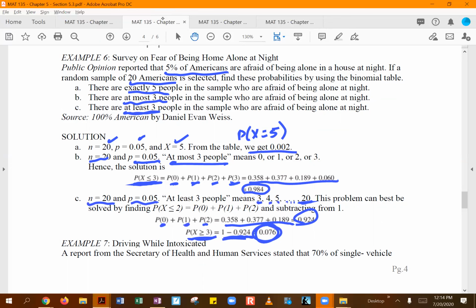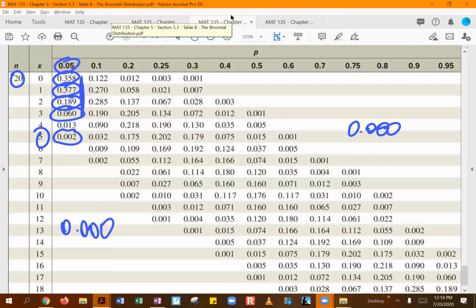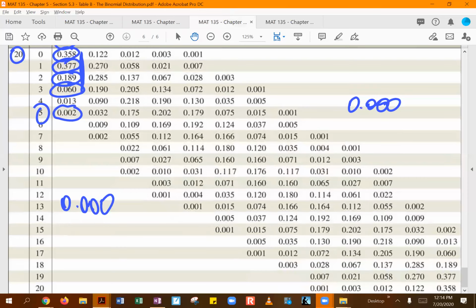So we're again using the idea of probability of an event by using a complementary event to calculate these. And this is really going to come in handy because that's going to be a lot of numbers you would have to add up. Now, in this case, you, of course, wouldn't have too many because other than probability of 3 to 5, which gives you numbers, the remaining of these, of course, are going to be zeros.